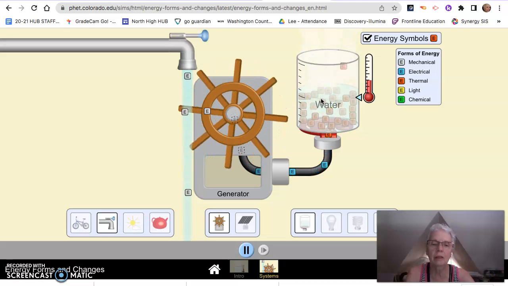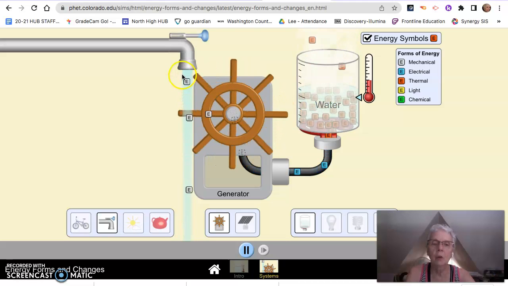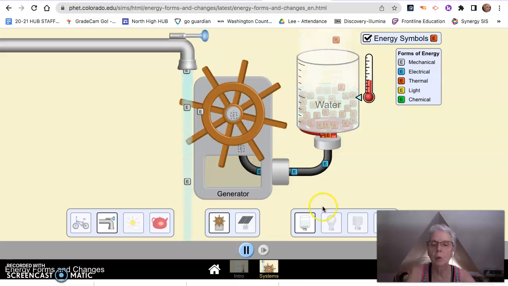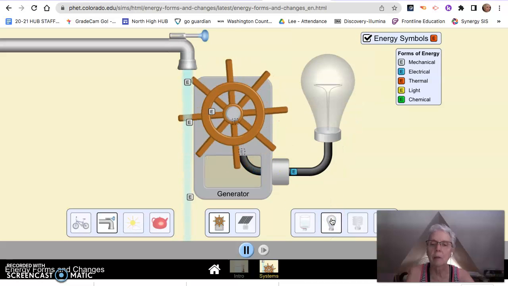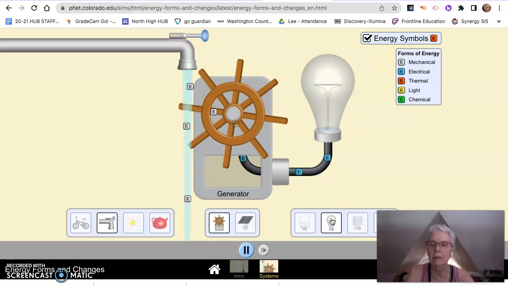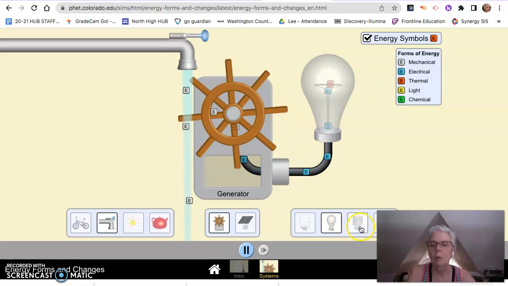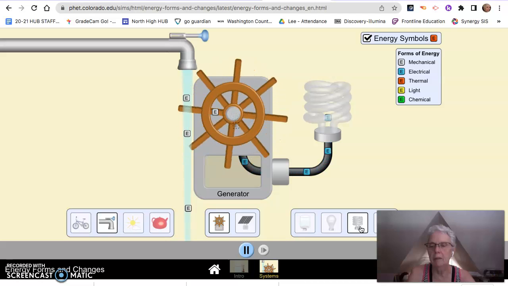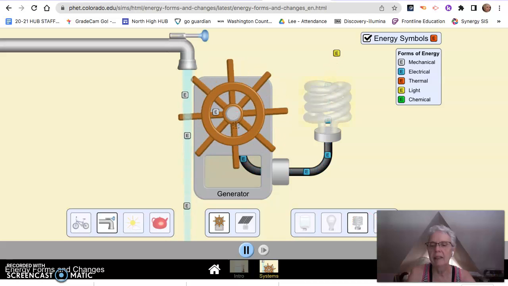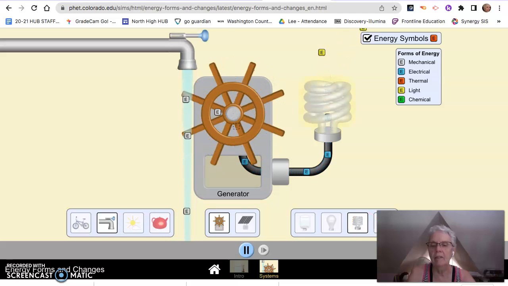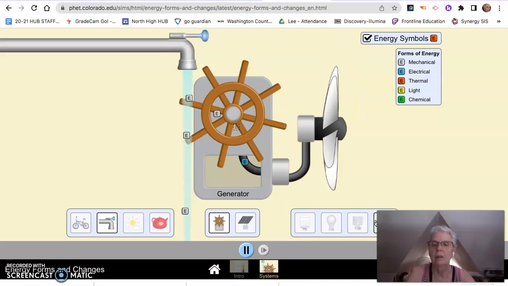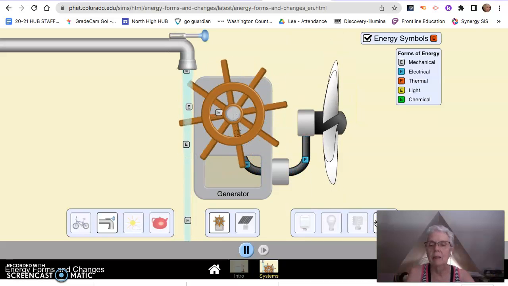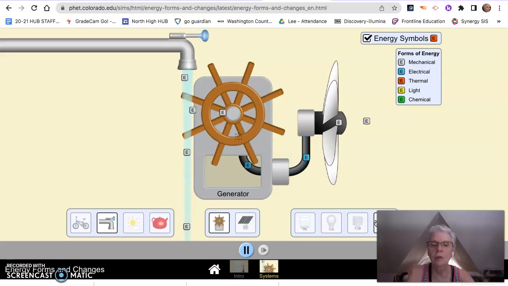So one of those things to look at. While I've got the water here and the wheel going, I'm also going to look at the light bulb, see what happens. I'm going to look at the incandescent light bulb and see what happens. And then I'm going to look at a fan, I hope. There we go. Okay, and see what happens. Okay, so that's with the water.